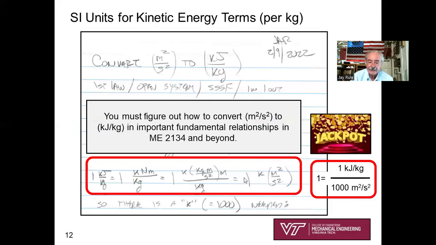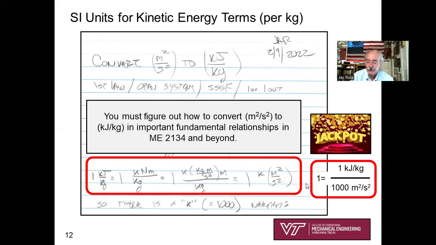Next thing is those kinetic energy terms. Recognize that you need to be pretty good at converting. So 1/2 V squared has units of meter squared per second squared. But in my first law, I've got to get to kilojoules per kilogram. You can derive it, and in a previous video I worked folks through the derivation, so I won't do it again.